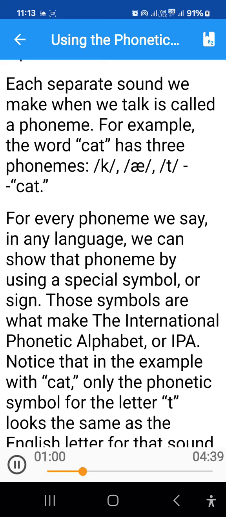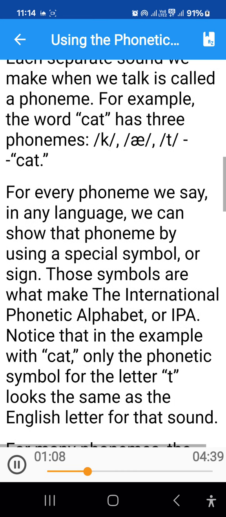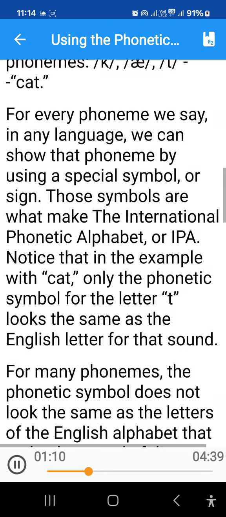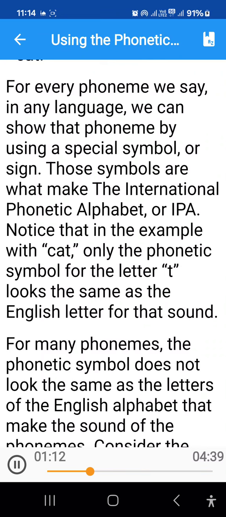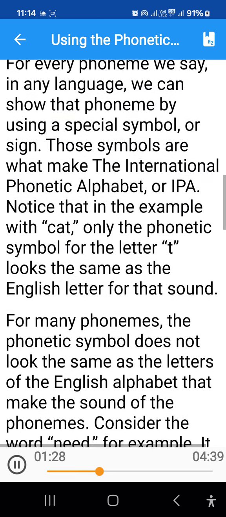For example, the word cat has 3 phonemes: k, a, t, cat. For every phoneme we say in any language, we can show that phoneme by using a special symbol or sign. Those symbols are what make the International Phonetic Alphabet, or IPA.